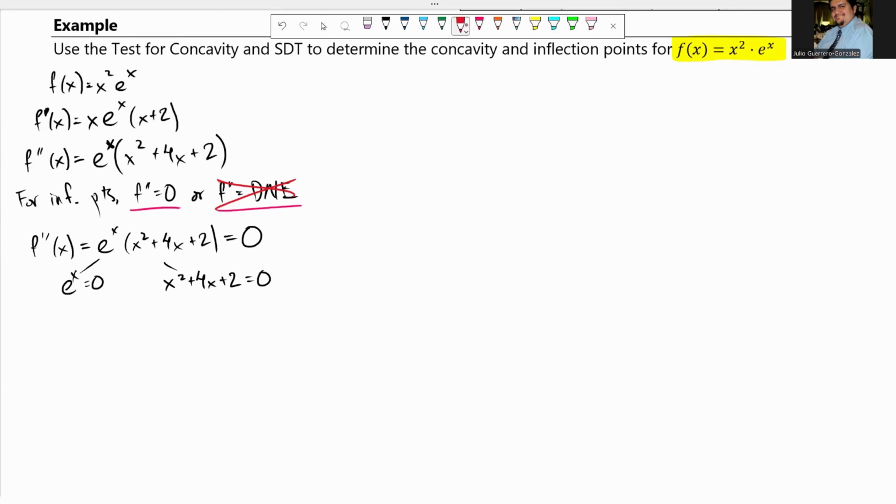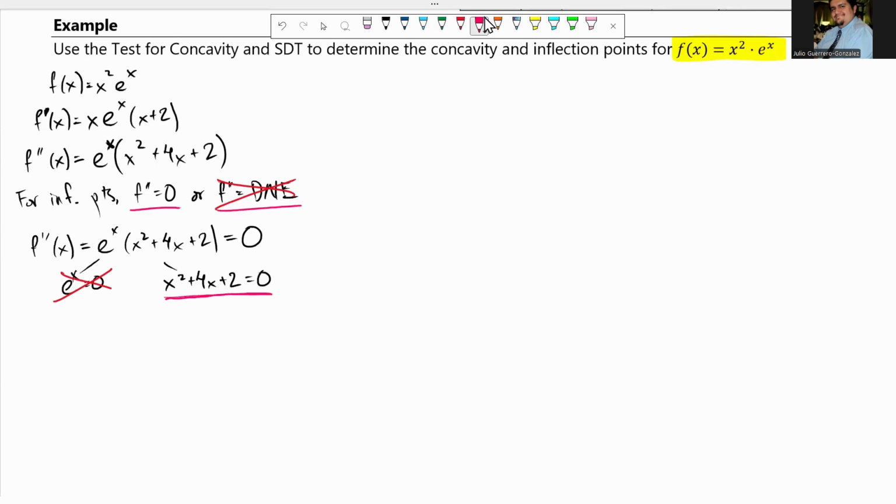This one can't happen. E to the x can never be equal to 0. It's the exponential, and it's always above 0, so it'll never be 0. So the only one that can get us to 0 is this one.